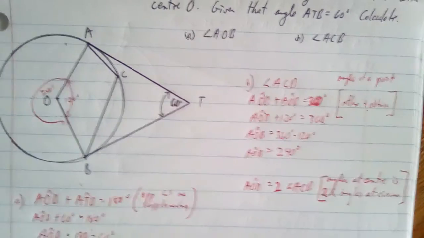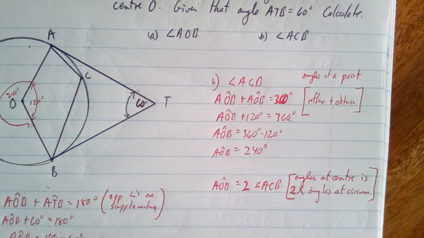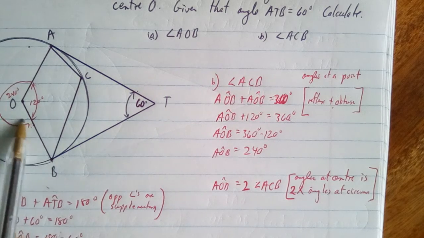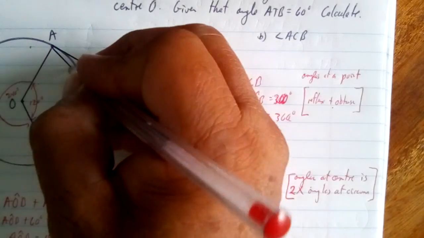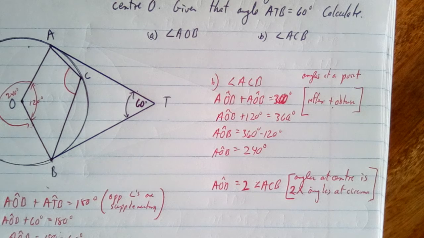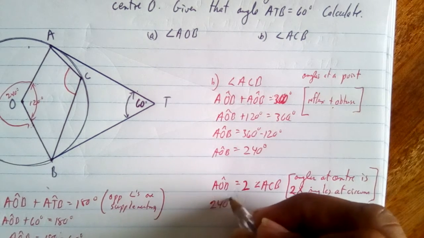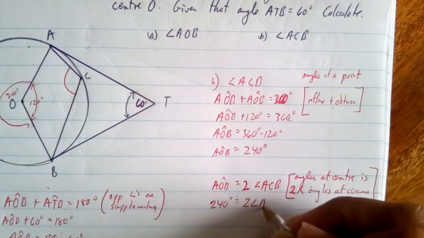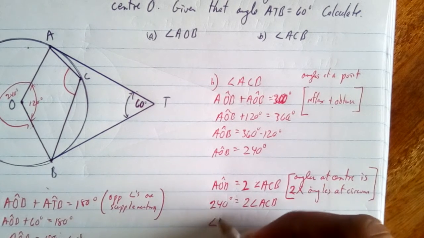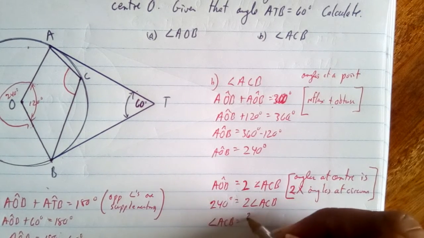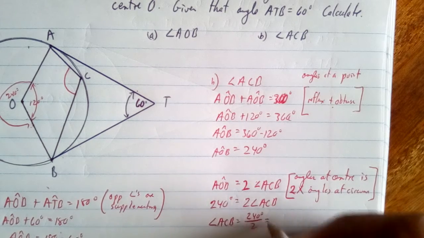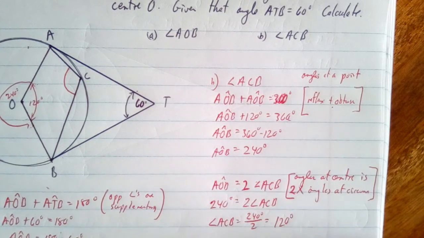That's the rule that we are using there. So this angle is twice the size of this angle which we are looking for. We substitute our value: 240 degrees equals 2 times angle ACB. So angle ACB equals 240 degrees divided by 2, which is 120 degrees.